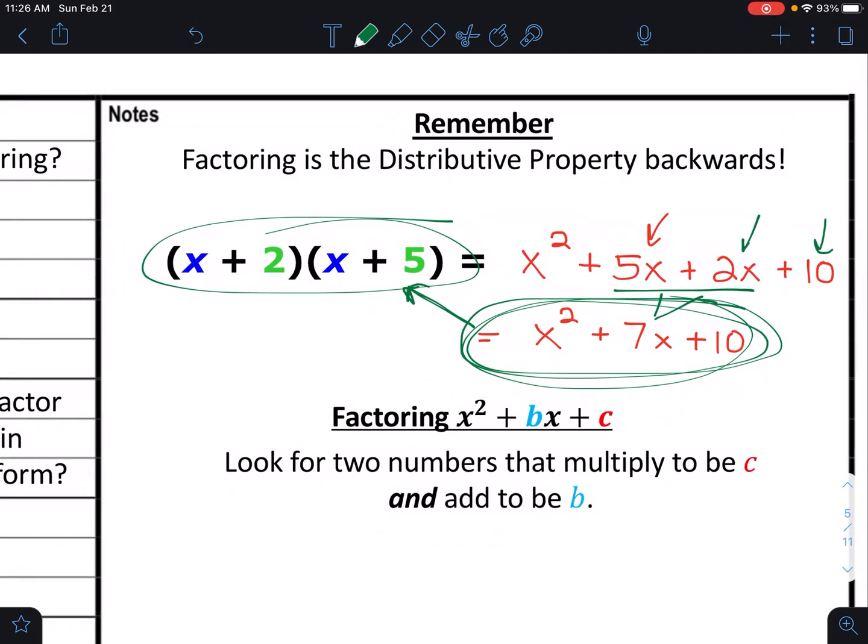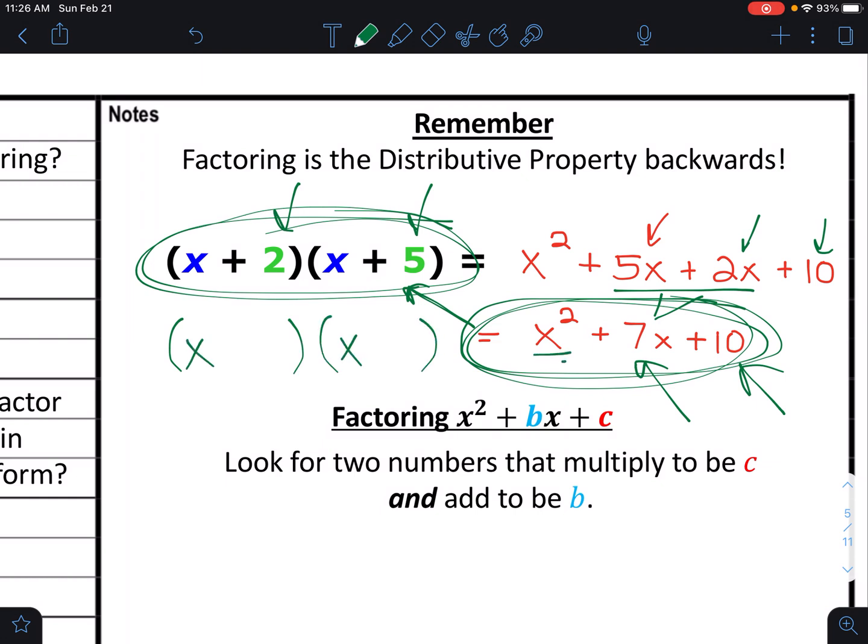You'll notice here 2 and 5. Well, 2 times 5 is 10, and 2 plus 5 is 7. So this is how we can get these numbers to work backwards. You'll notice I've got a binomial, and they both have an x in the front. That's so I can get that x squared term. So that's really what we're going to look for, okay?